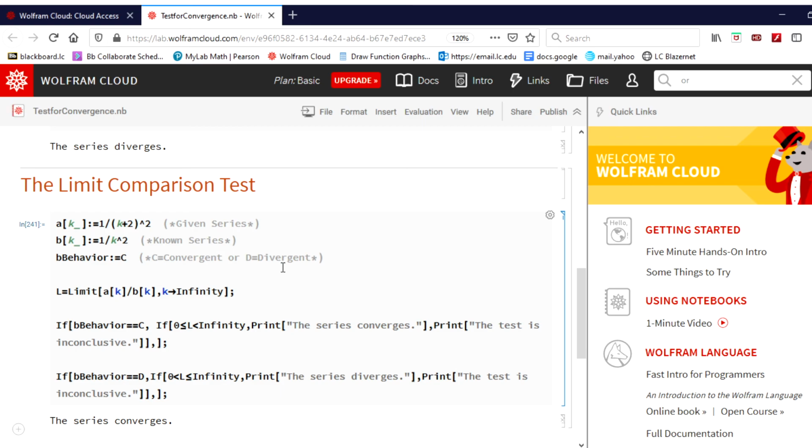So the comparison test is a way of shortcutting the limit comparison test, because all you're really doing is comparing the growth rate of a sub k to the growth rate of b sub k, which is what this limit does in its calculation. But if you cannot see how you might show that a sub k in this case is always smaller than 1 over k squared, b sub k, then the limit comparison test is the direction you want to head.